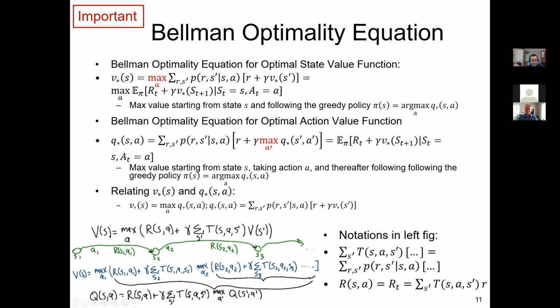And then inside, you have a max over A2 for the next state S2 and action A2, and then gamma times the next state S3 and A3. So it's an infinite nested recursion. If you cut the recursion this way, you have the Q value function. If you cut the recursion at a different point, you have the V value Bellman optimality equation.